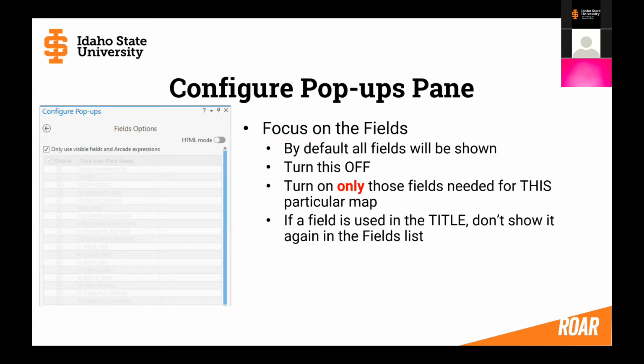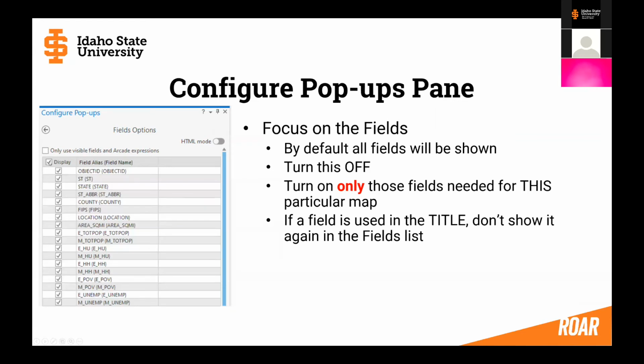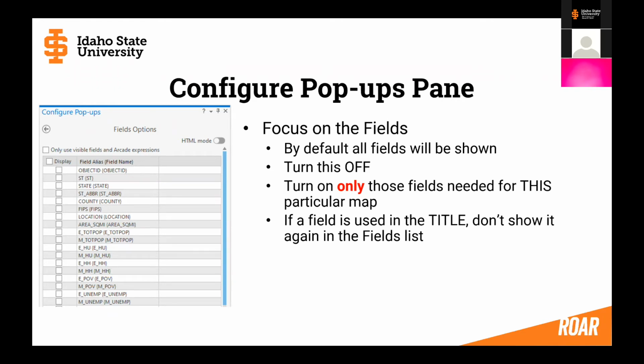So the first thing I do is I'm going to turn off this check. And then I'm going to turn off the display. So they're all off. And if a field is used in the title, you don't need to show it again in the fields list. That's so redundant, right? We don't need that sort of thing, right?